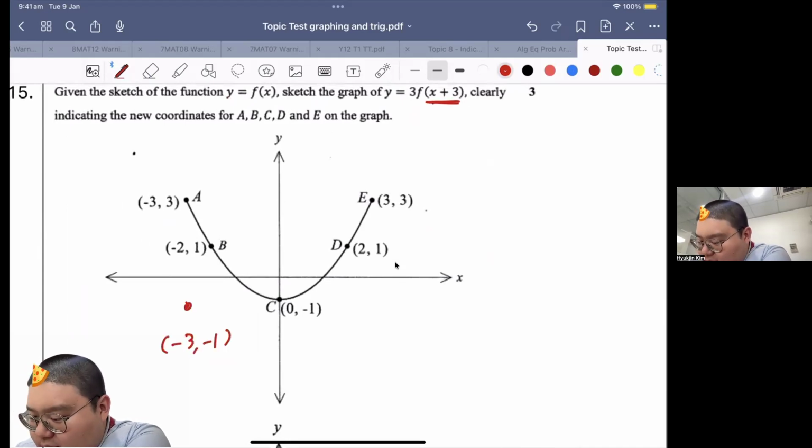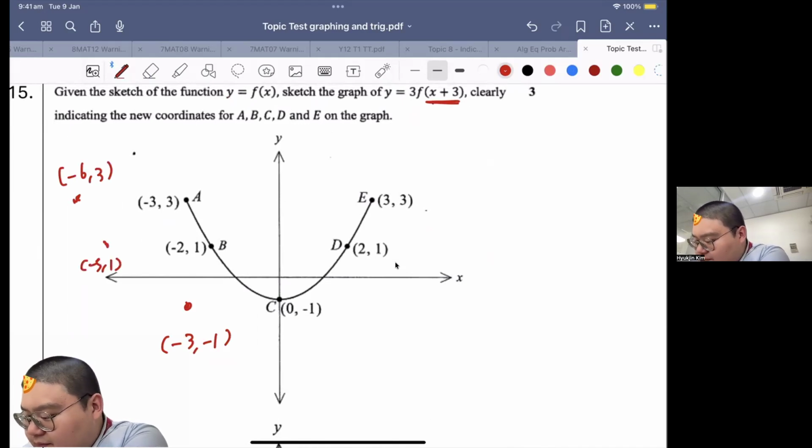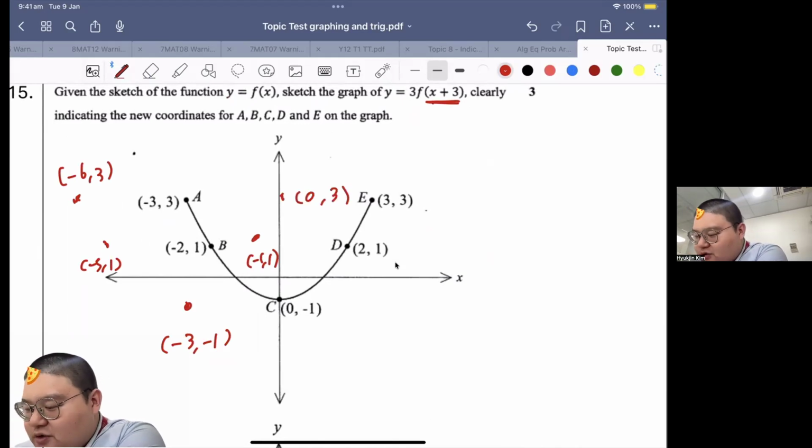And this guy is at -6, 3. -5, 1. -1, 1. 0, 3. Okay, all my x coordinates just moved. It's going to look something like this.